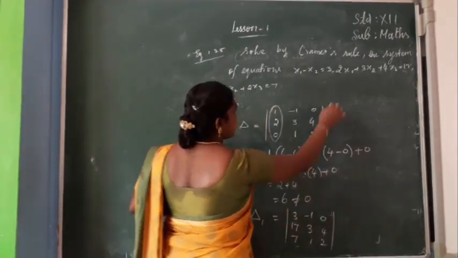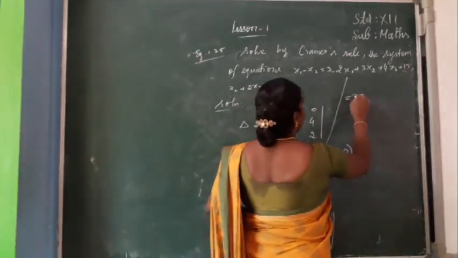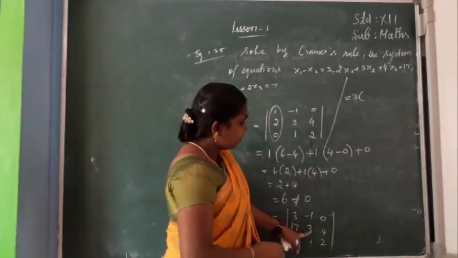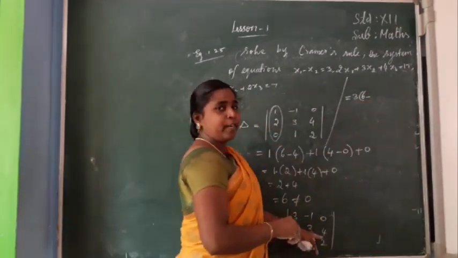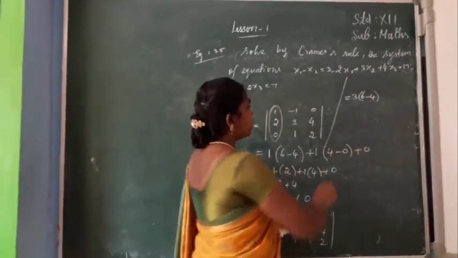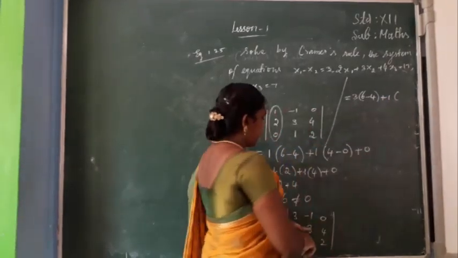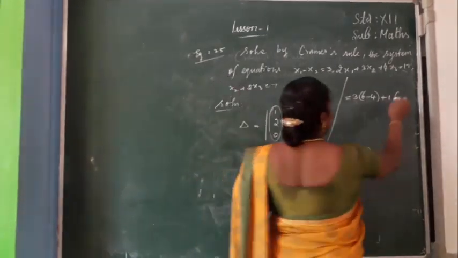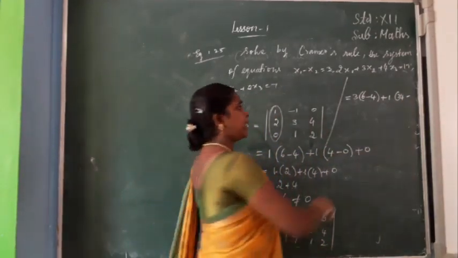Now we can find the determinant. The first element is 3, into, leaving the first row and first column, 3 twos are 6, minus 1 four is 4, so 6 minus 4. Next element, minus into minus, plus 1 into, using the first row and second column, 7 twos are 14, minus 7 fours are 28.